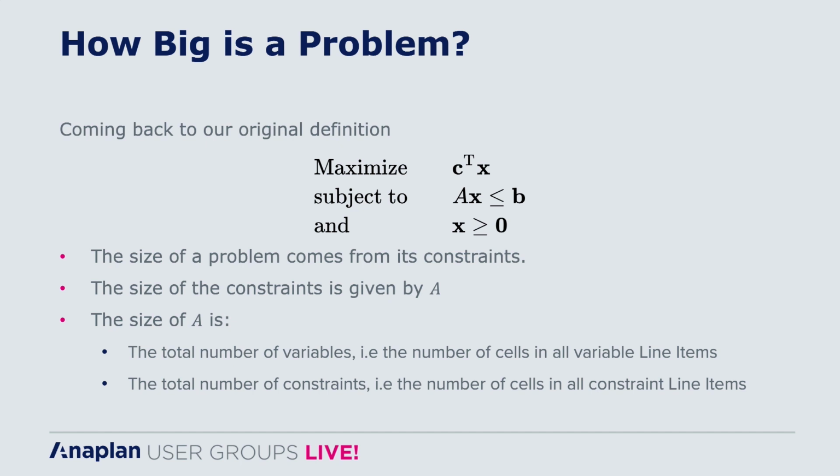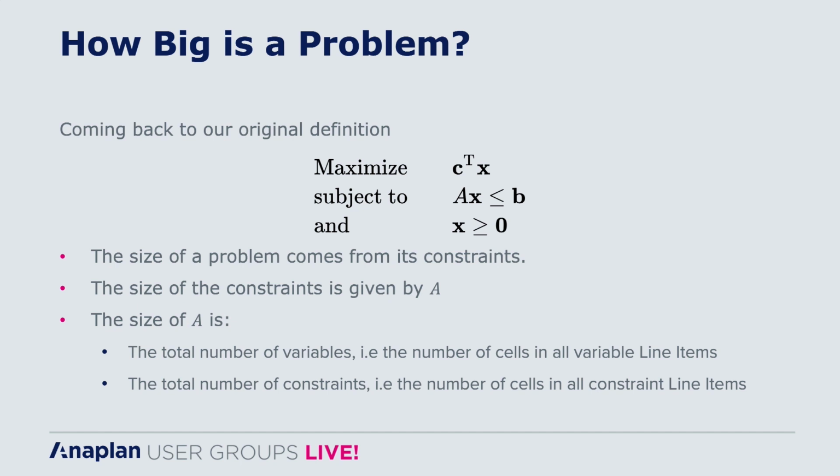But when you have multiple variables, and if those variables are dimensioned by different lists, you're going to have to multiply together the number of cells in each variable you've used, and that will be the number of columns you have. So you can see that if you declare multiple variables, you're very quickly going to blow your problem out to be very large. So again, you need to consider carefully whether you actually need those variables or whether you can somehow express the intent of the problem without declaring them.